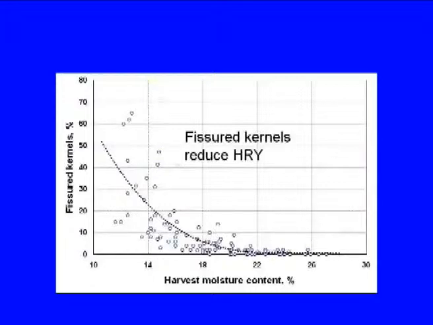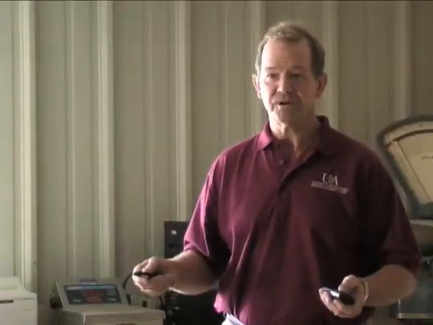Certainly, the reason for this scatter here is weather conditions. You can have low moisture content samples that mill very well if you haven't experienced rains. But if you do see a rain during a case where you have low moisture content samples, you could see fissured kernels up in this range. So you can really reduce head rice yield that way as well.